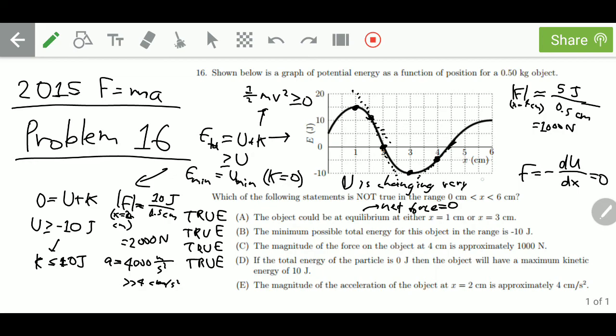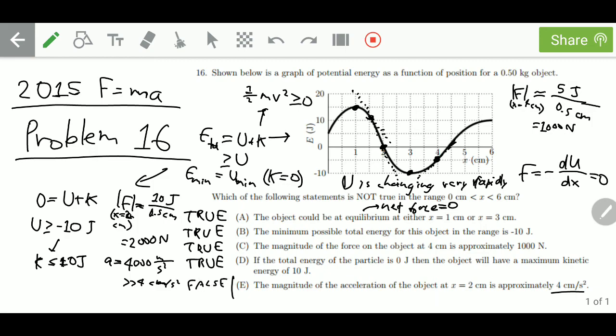So U is changing very rapidly, and that means that the derivative, dU/dx, the force, is very large. And if the force is large, then the acceleration is large. It'll be much higher than the order of magnitude of just a few meters per second squared, and they're telling us a few centimeters per second squared. So it ends up being way off.